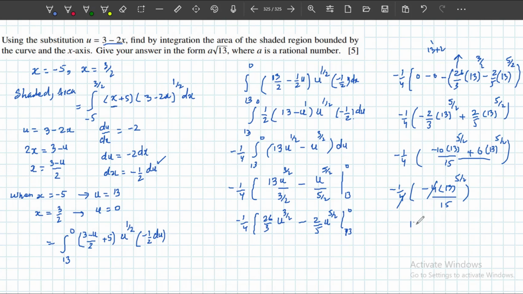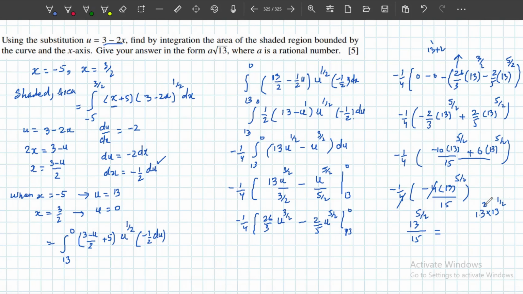So we have lastly 13 power 5 by 2 over 15, or further we can say that, if you divide into parts, 13 power 5 by 2. Basically, 13 power 2 multiplied by 13 power 1 by 2 gives me 2 plus 1 by 2, which is 5 by 2.